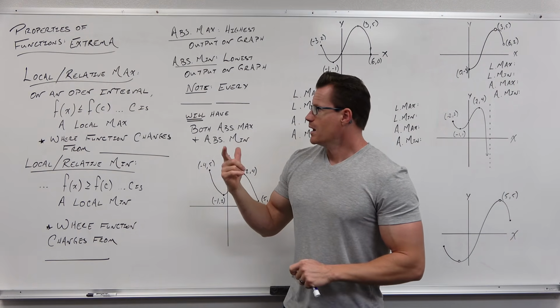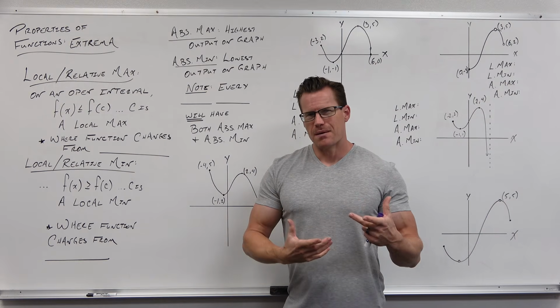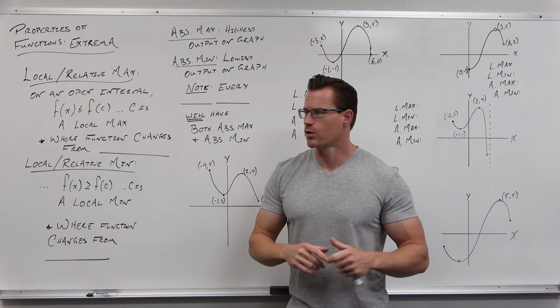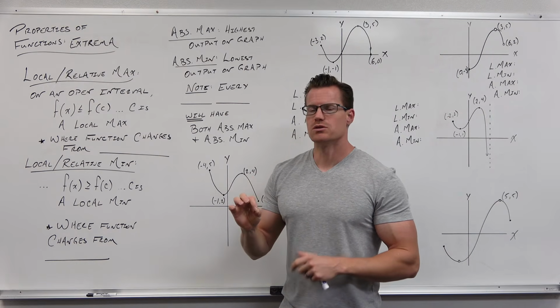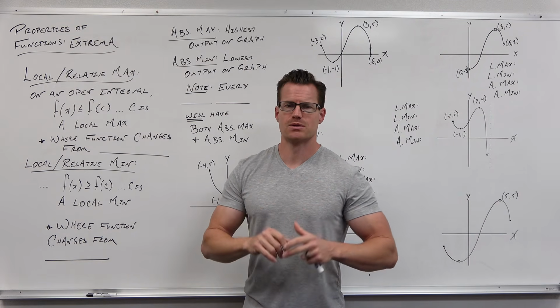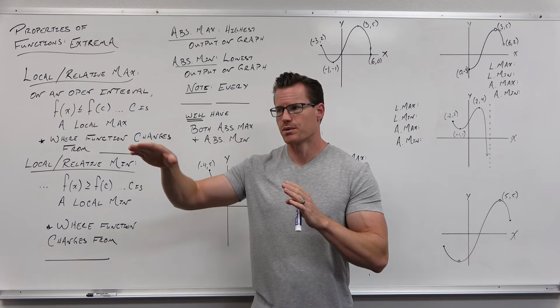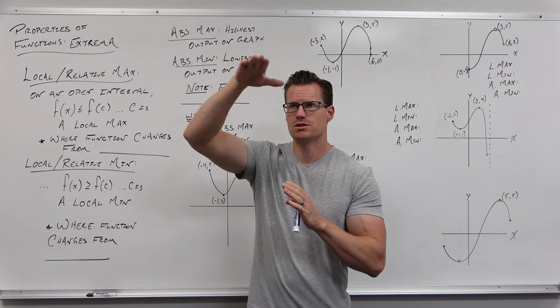So an easier way to remember what a local max or local min is, and where to look for it: a local maximum is going to generally occur, like 99% of the time, where we change from increasing to decreasing.